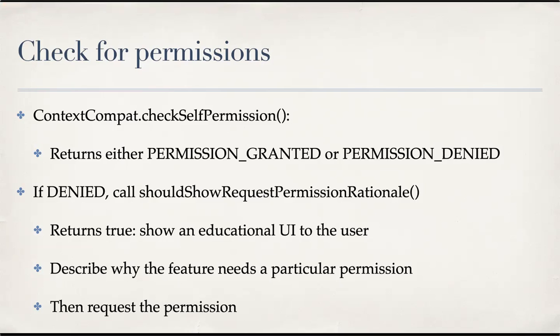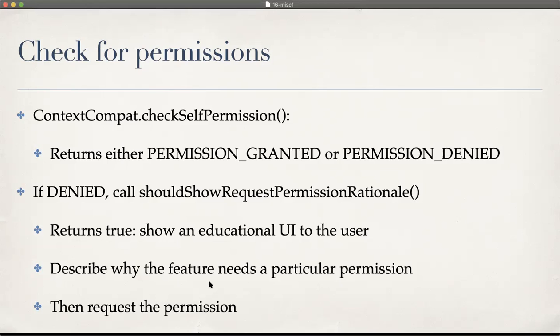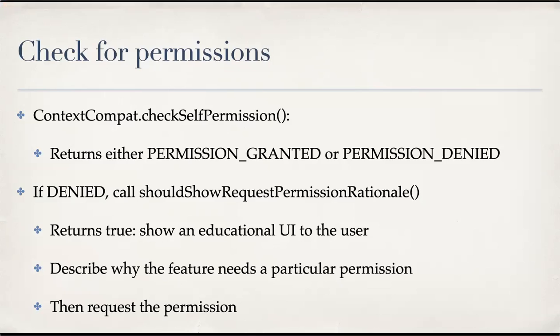For example, camera. The Notes app may require camera, or as we saw, microphone, because you may want to add pictures to the note, or you may want to dictate the note instead of typing it, and then request the permission. So this is the way to go. Let's see how you put this in code.